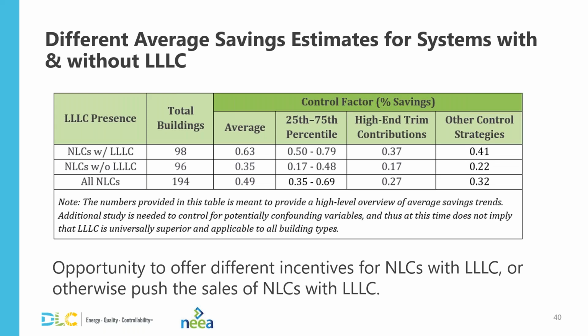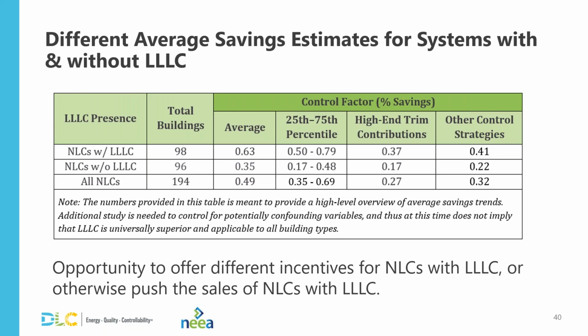This is one where utilities, as Bhagwan said before, should be starting to look at whether we separate NLCs into two pots, or do we keep them together? In the Northwest, we have a few utilities that have this separated out, and we have a few utilities that have them as one pot.